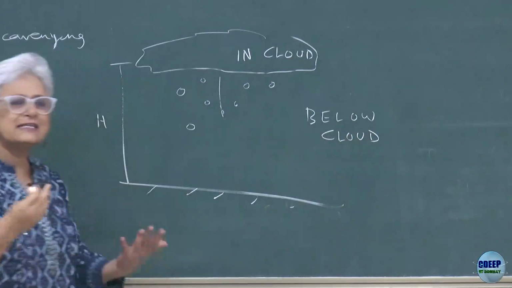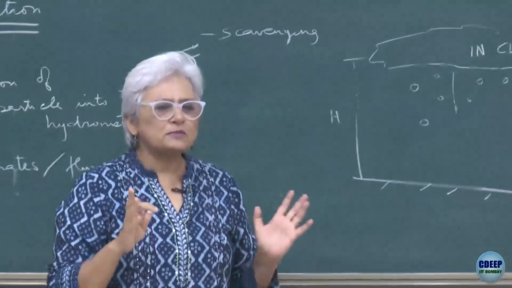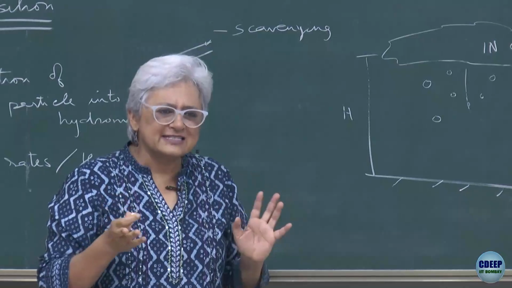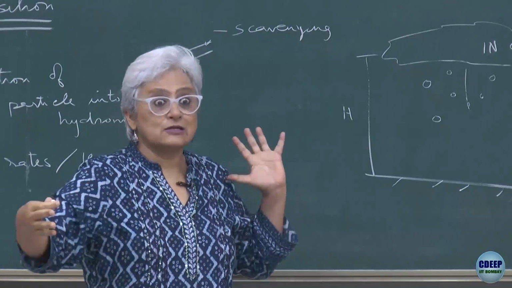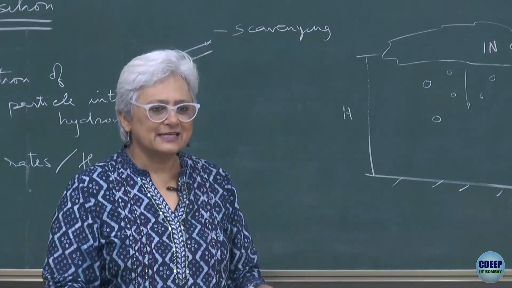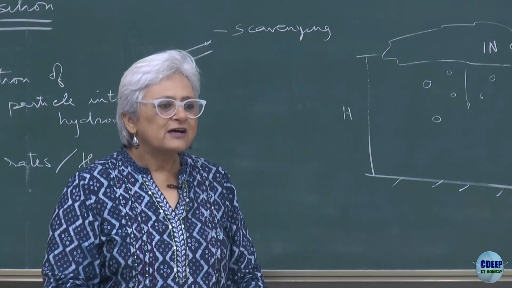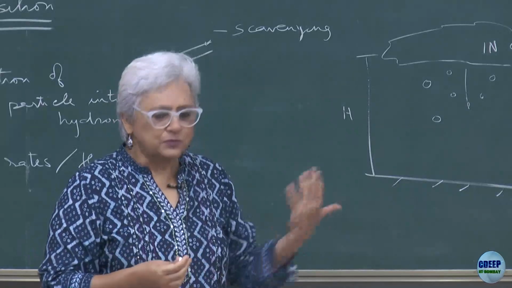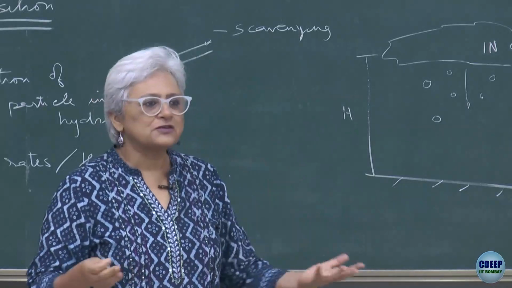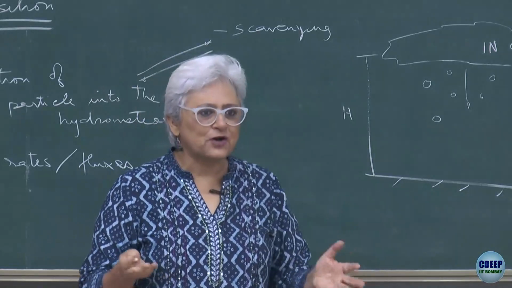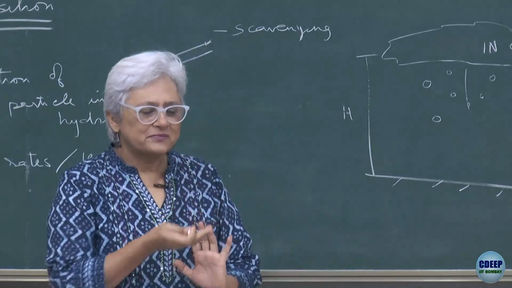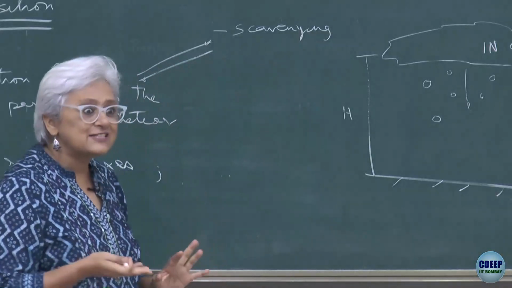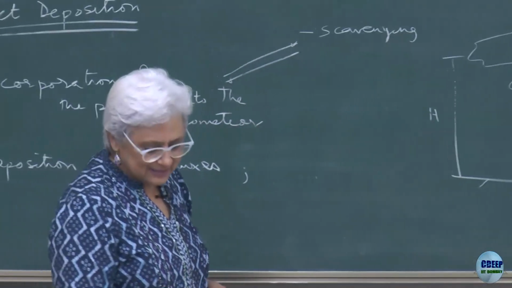For all in cloud processes, for all practical purposes, you may assume that the drops are fairly stationary, or they are not large enough to be falling at any appreciable terminal velocity. And for all below cloud processes, we will be using the terminal velocity of fairly large millimeter sized drops as the velocities, which are going to be the relative velocities between the particle and the drop, okay.